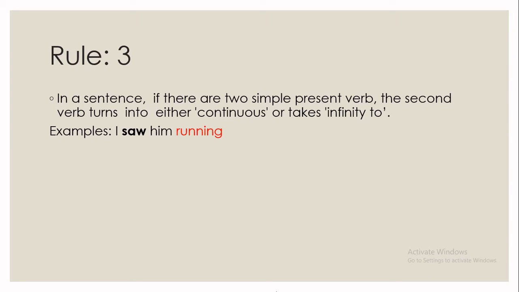So, I saw him running. Or we can use this form differently without using ing. We can say, I saw him to run. If you use to, then you don't have to use the ing form of that verb. Either you can say I saw him running, or you can say I saw him to run.